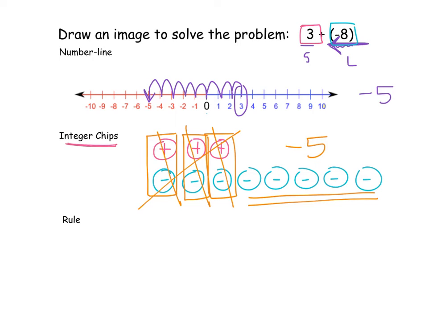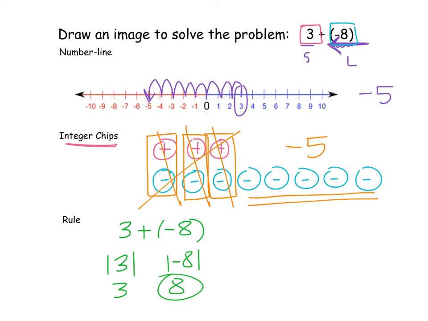And then lastly, we can use the rule as well. So if we have 3 plus -8, because they have different signs, we take the absolute value of both, so the absolute value of 3, the absolute value of -8, which is 3 and 8. We subtract my numbers. Well, when we subtract, we always do the bigger minus the smaller.